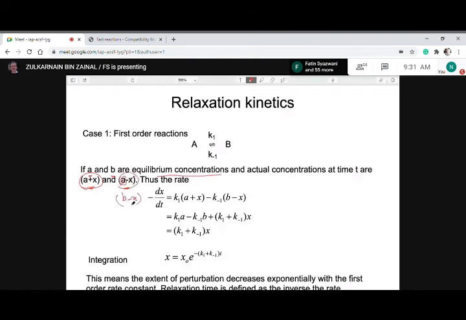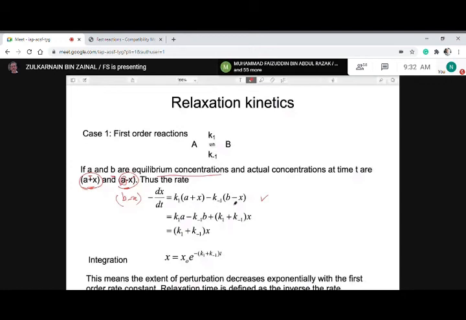So then we can write dx/dt due to the response as you can see here. Okay, so dx/dt is k1(A plus x) minus k minus 1(B minus x), because it is the direction of the formation of product B, right? The reverse one is then minus k minus 1(B minus x).